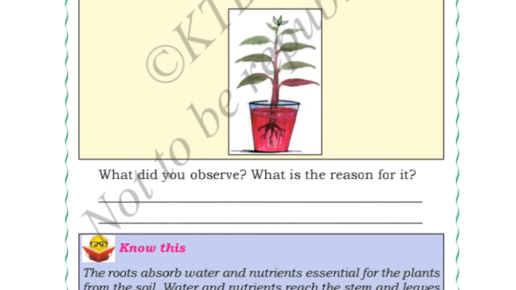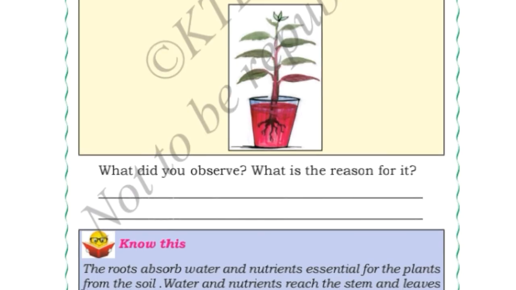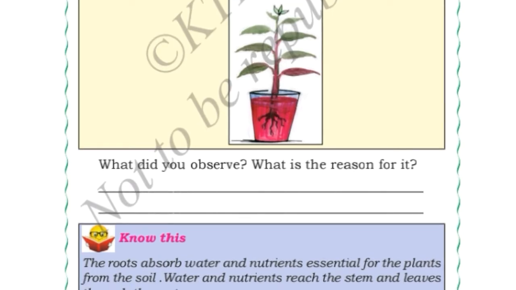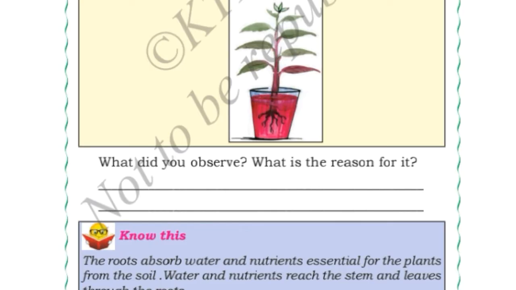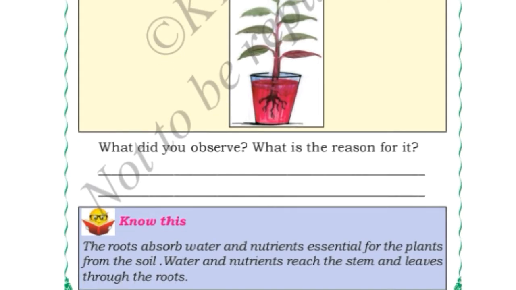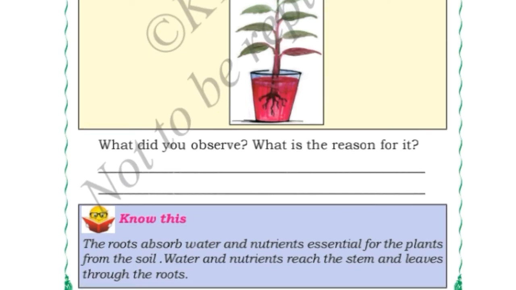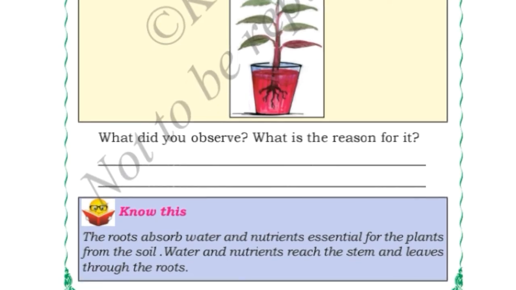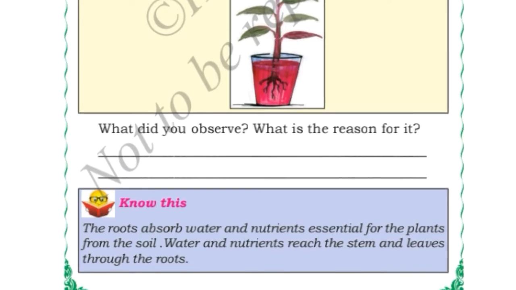Okay, see children, the root absorbs water and minerals essential for the plant from the soil. See, where do we put the water for the plant? We put water to the root, right? You don't put water on the leaves or on the stem. Whichever part of the plant you put the water on, it will come to the ground itself, right?